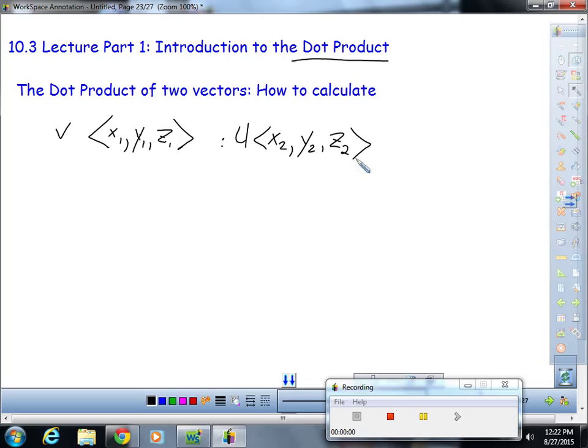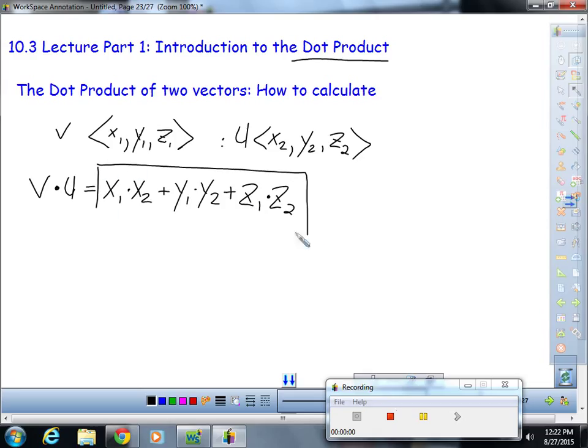The dot product, v dot u, is the sum of the products of each component. So it's x1 times x2 plus y1 times y2 plus z1 times z2. Okay? Notice this result, according to Please Excuse My Dear Aunt Sally, is a scalar. It's a number. So we take two vectors and we result it in a number.